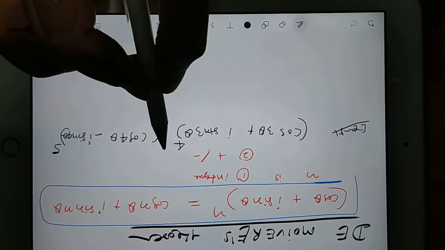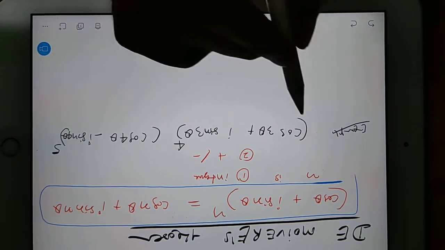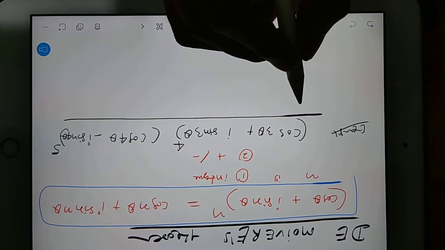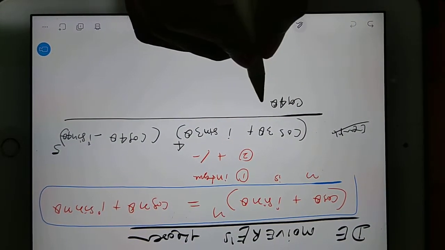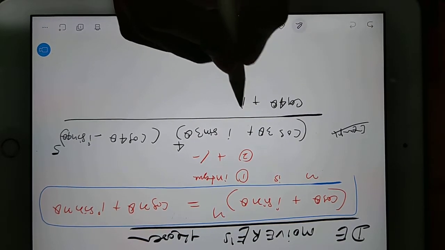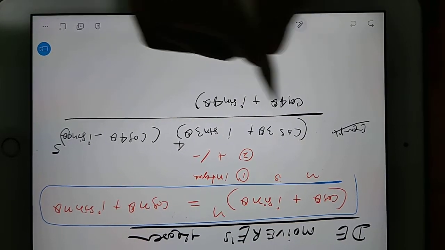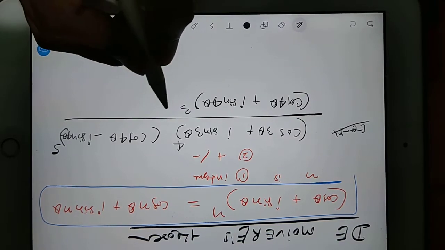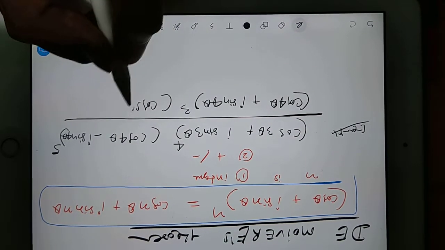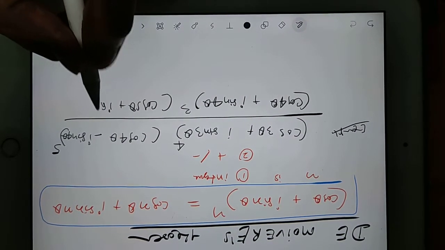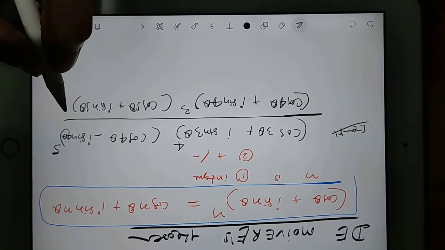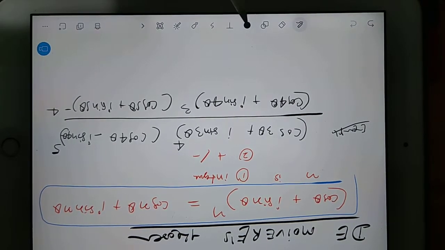In first bracket we have power 4. Now whole divide by (cos 4 theta plus I sin 4 theta) whole power 3, in next bracket (cos 5 theta plus I sin 5 theta) whole power minus 4.